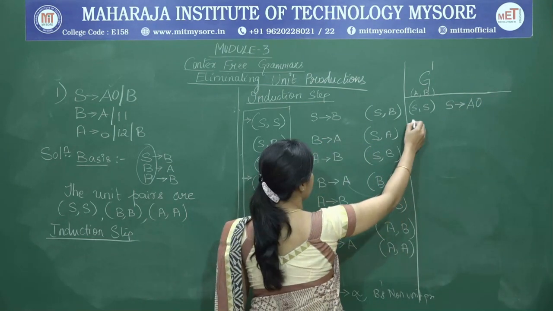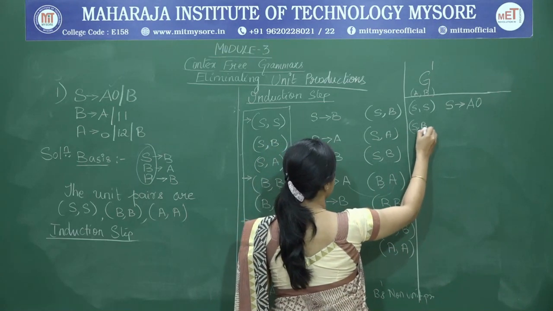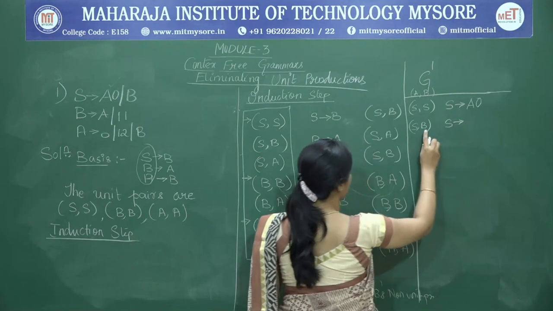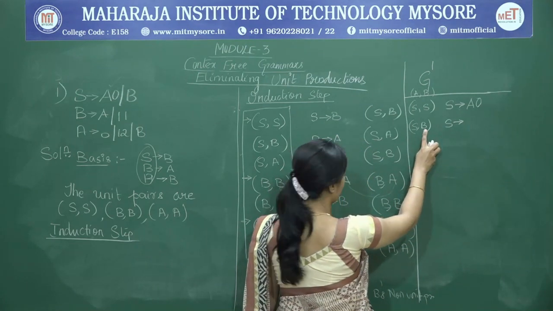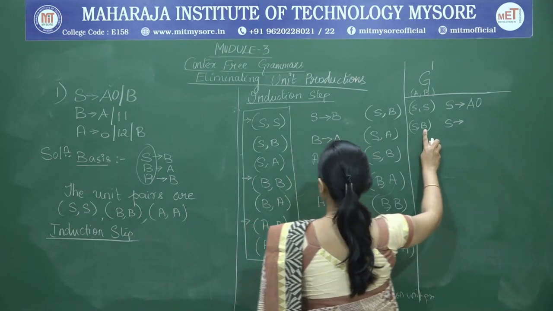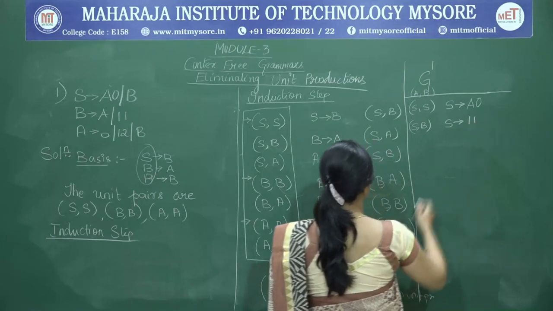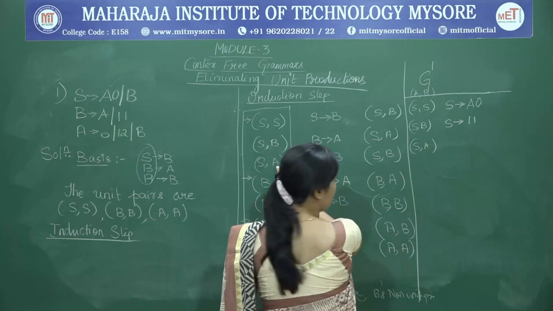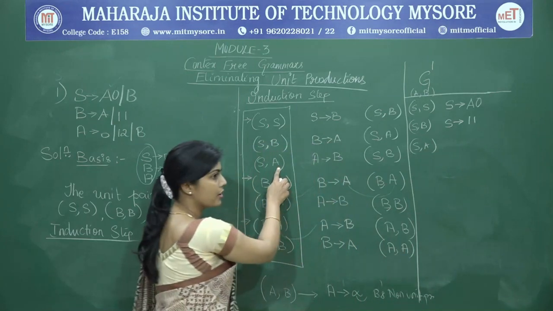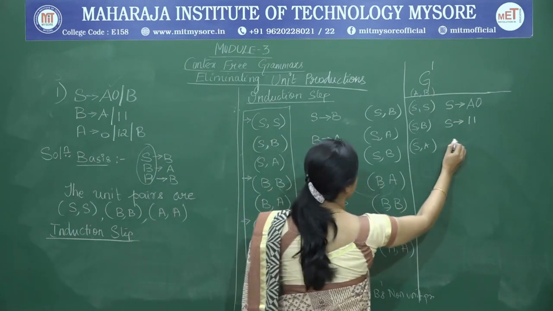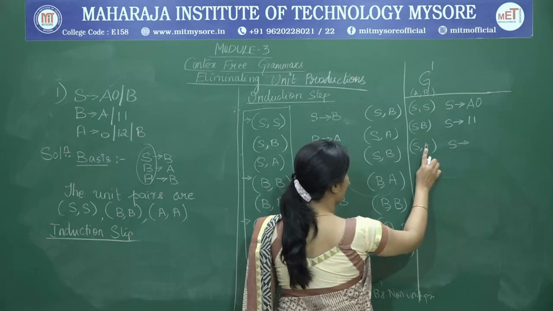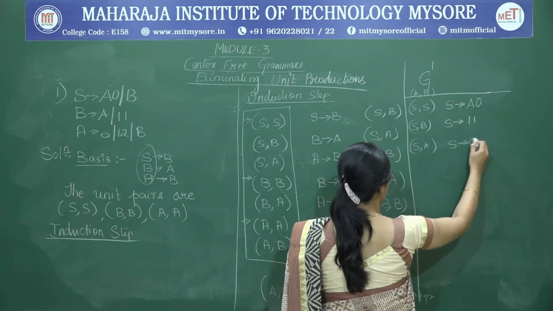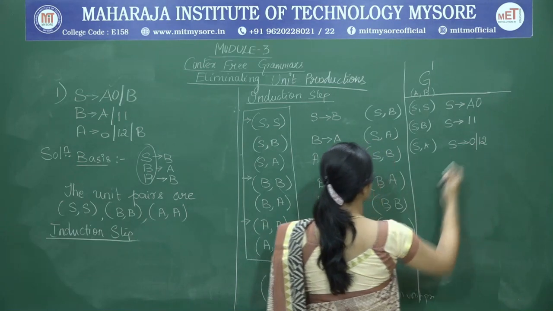Next pair is S comma B. Next we are going to write S goes to B's non-unit production. What is B's non-unit production? Only 1 1. Next we are considering S comma A. So S goes to A's non-unit production. A's non-unit productions are 0 and 1 2.